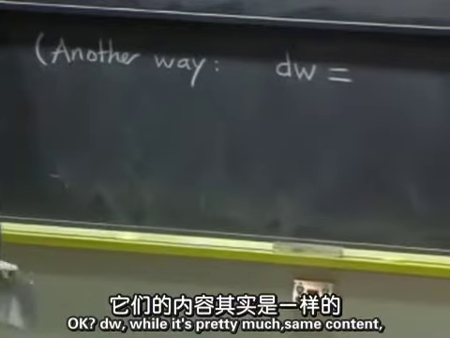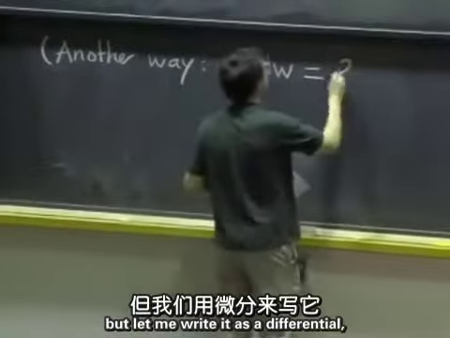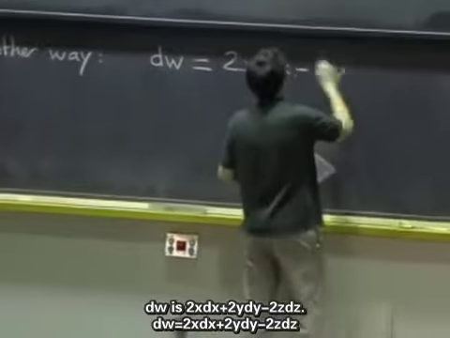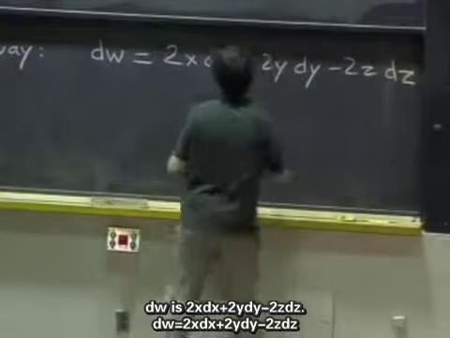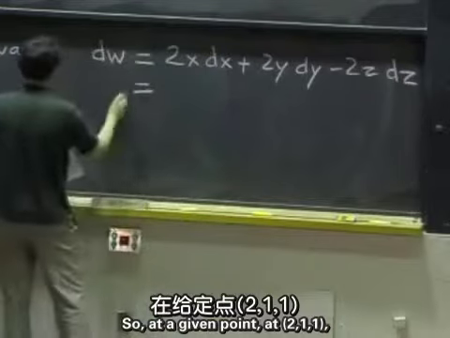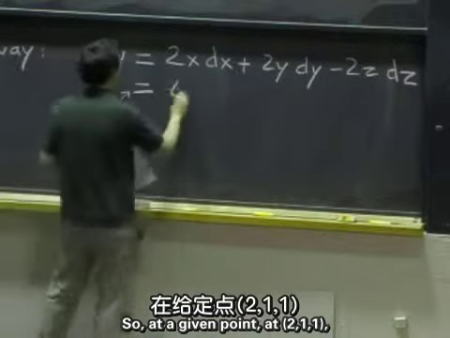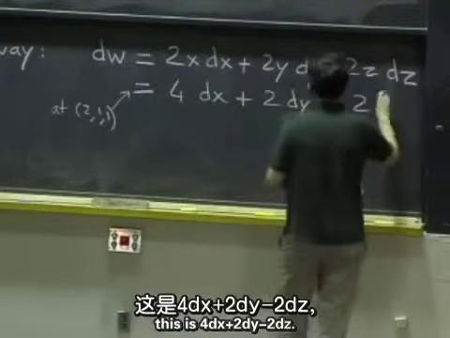It's pretty much the same content, but let me write it as a differential. dw is 2x dx plus 2y dy minus 2z dz. So at the given point (2, 1, 1), this is 4 dx plus 2 dy minus 2 dz.